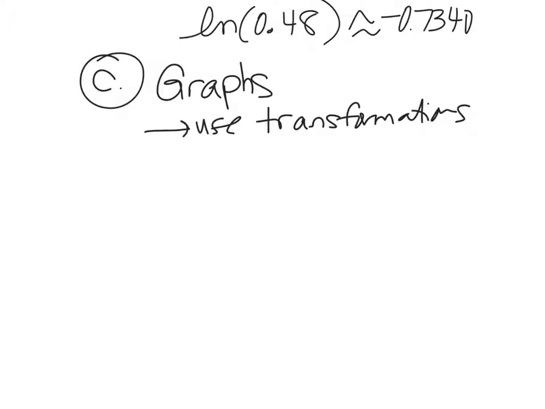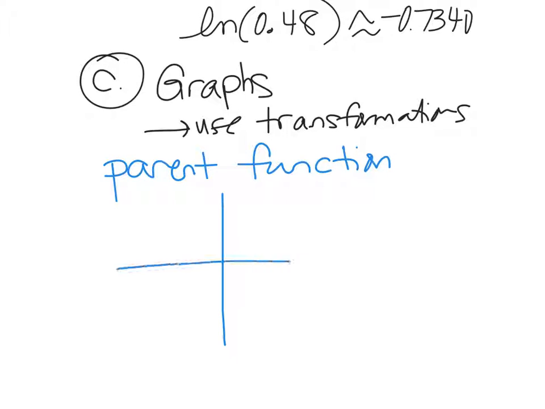But we need to start with our parent function. So here's our parent function. The parent function is something that you'll probably need to memorize. The parent function for log will go through the point (1, 0), and just remember that we're not shifting from the origin. We're shifting from that point right there. The other part of our parent function is that our asymptote starts at x equals 0.